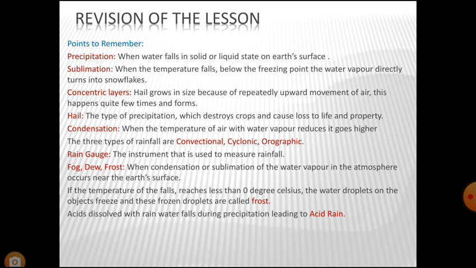If the temperature falls to less than 0 degrees Celsius, the water droplets on the object freeze, and these frozen droplets are called frost. And the last one is, acid dissolves with rainwater, falls during precipitation, leading to acid rain.